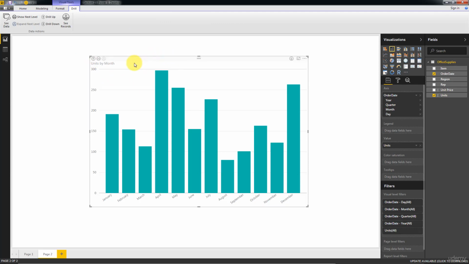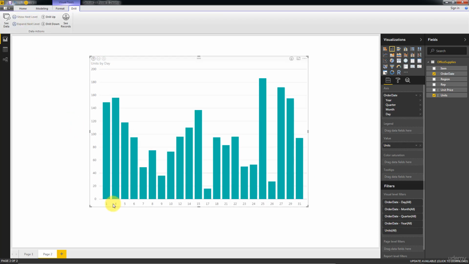So the year and quarter information are disregarded, and the data is aggregated up to the month level. And then if we go to the next level again, what you'll see here is that we've got just the days, so the day number, and again it is irrespective of any higher levels in this hierarchy. So year, quarter, and month are completely disregarded, and we just see units by day.